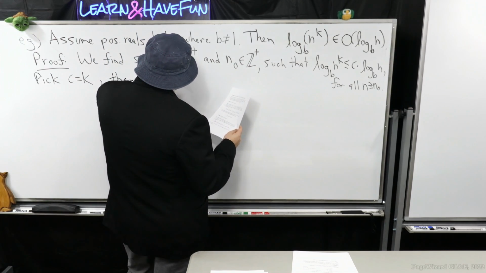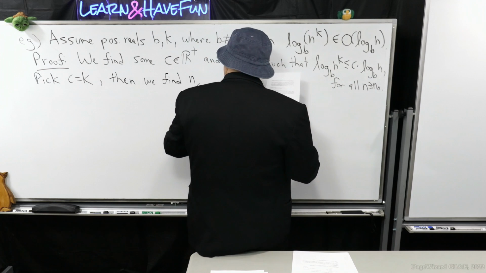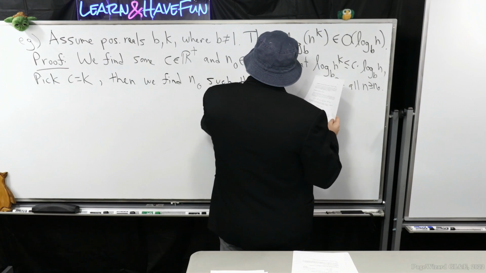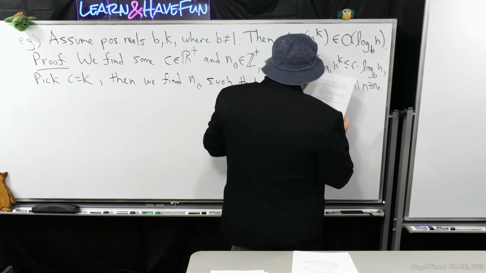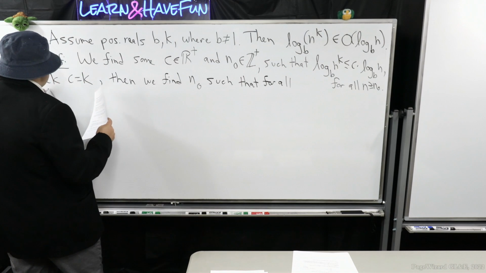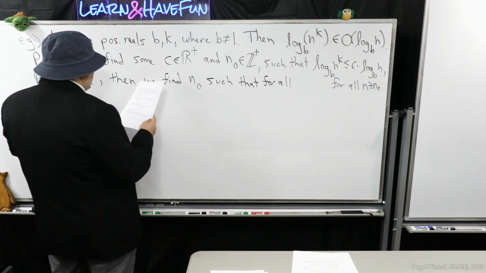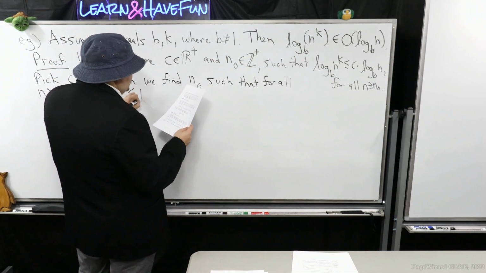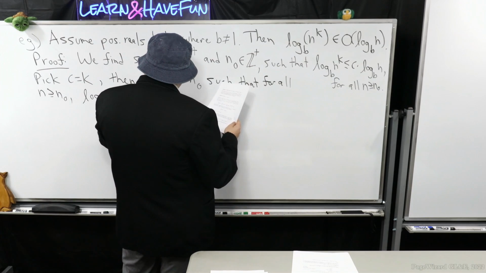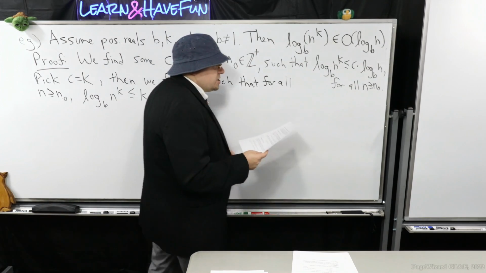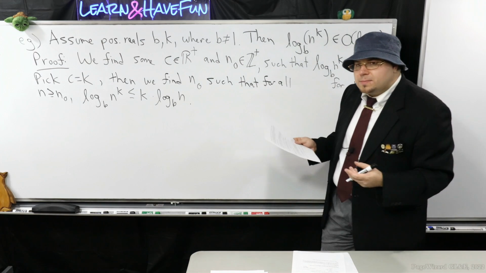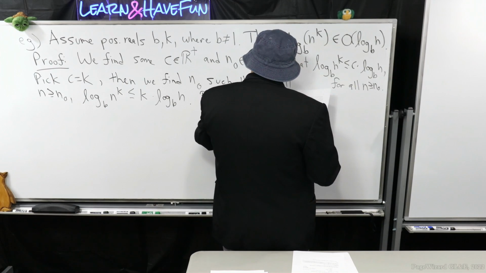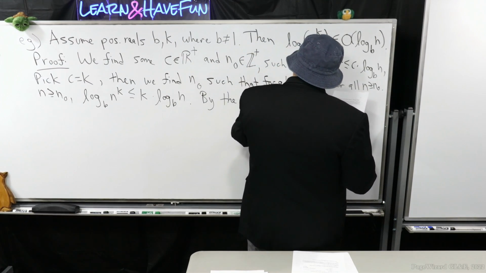Then we find n0 such that for all n greater or equal to n0, log base b of n to the power of k is less than or equal to k times log base b of n. Now I'm just going to use the power rule of logarithms.